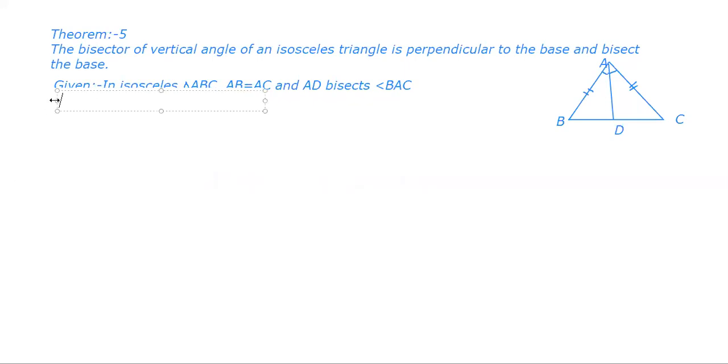Now next, to prove, we have to prove here this bisector AD is perpendicular to BC, and it bisects the base, BD equals DC.